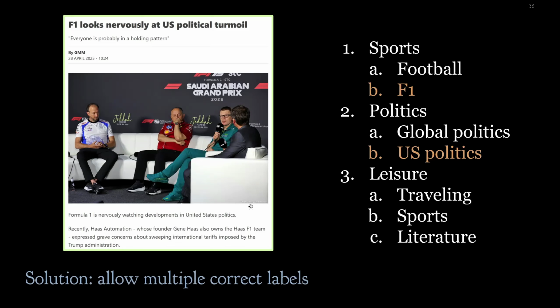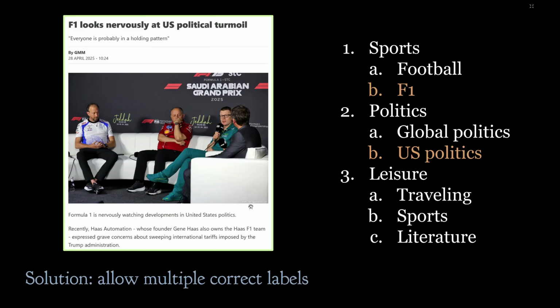But what happened here is that the client really was insisting on just one label for each news article. Even though we had said beforehand that this is probably not the best idea, they could only be convinced once we showed them some of these articles and the confusion that was happening between the annotators, because that also meant that the data just wouldn't be stable and reliable enough.